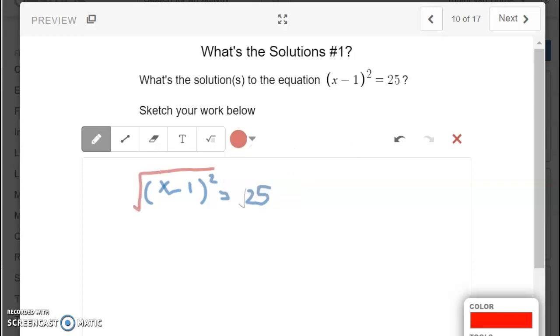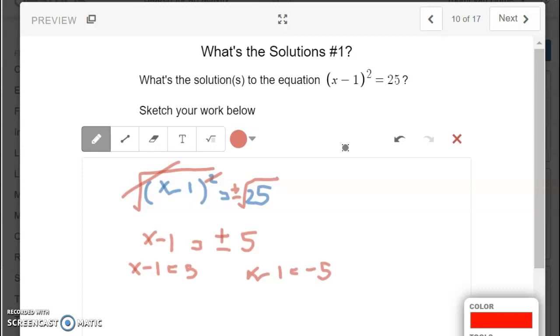That will be the easiest way. And take a plus or minus, and that leaves me with x minus 1 is equal to, the square root and the square cancel each other out, plus or minus the square root of 25. That's just 5. So that means I have two versions, x minus 1 is equal to 5, or x minus 1 is equal to negative 5.